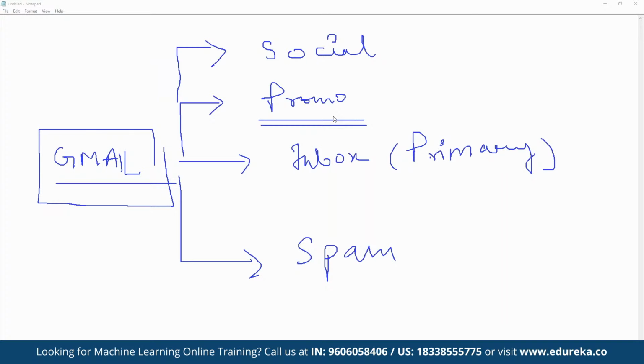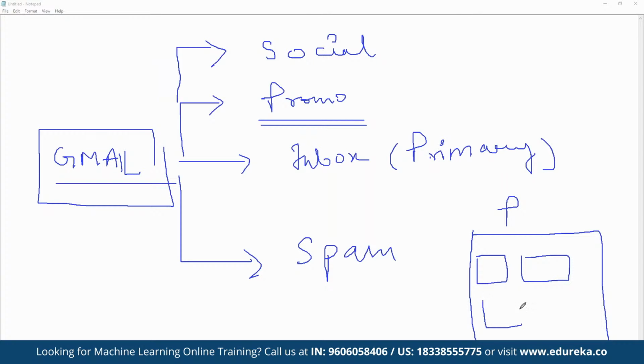In a promotional email, there are multiple pointers and multiple structures. For example, if the email contains more than 3 images, then that's a recipe for being a promotional email.